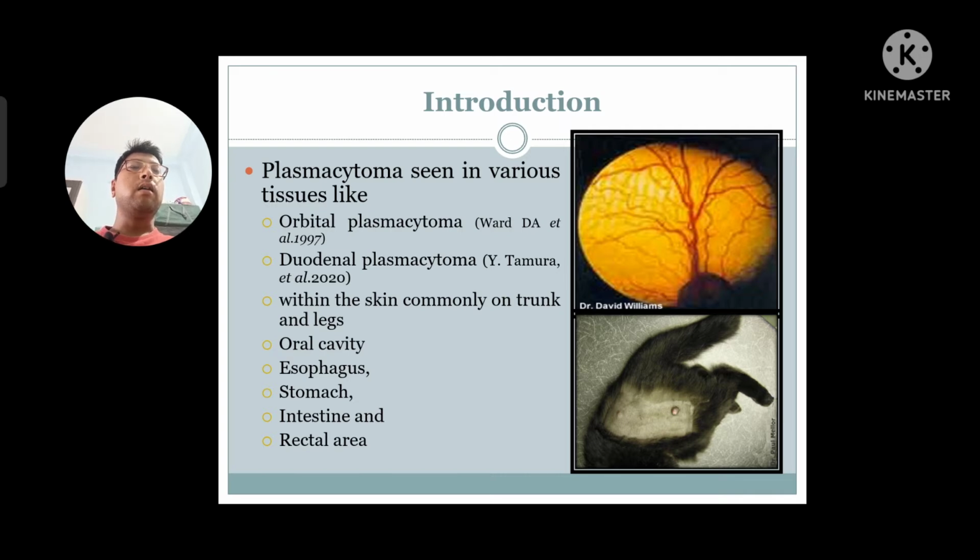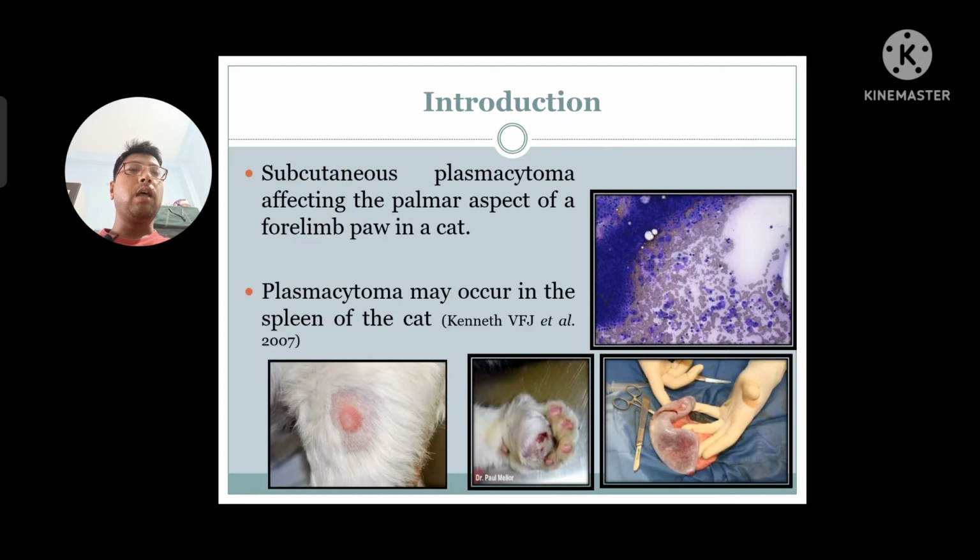Sometimes plasmacytomas are generated in the oral cavity, esophagus, stomach, intestine and rectal area. So they have a tendency to grow at different locations of the body, and this has been seen and reported in felines.